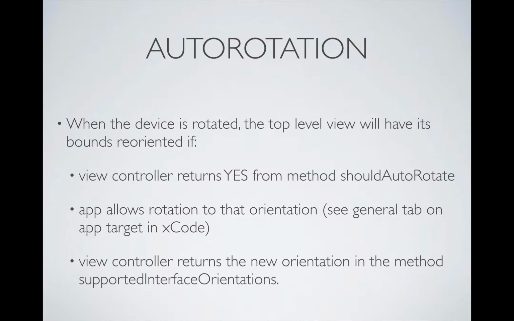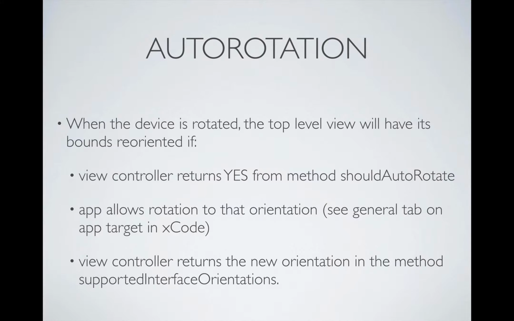So if we want to force a particular orientation, we can actually override this particular method in our custom view controller, supported interface orientations, and return back a bitmap that specifies which subset of the orientations, or orientation, that we want. Now, it's important when you implement that method that whatever you return is always a subset of what you've set under your General tab.